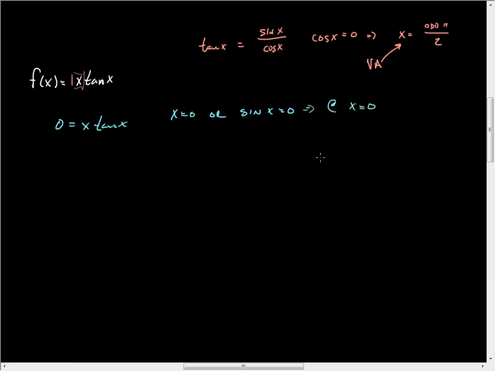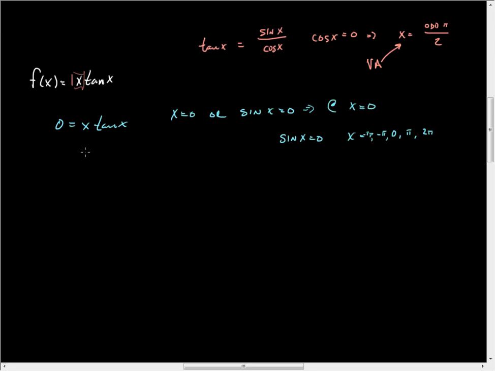Sine is 0 at x equals 0, pi, 2 pi, negative pi, or negative 2 pi. Within a few vertical asymptotes, we're pretty much going to be looking at negative pi and pi.